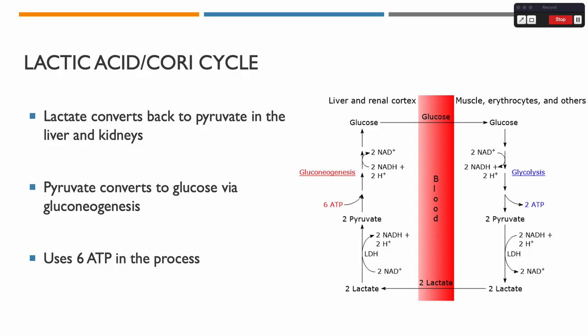That's really a negative result and not what the body prefers, but it is something we can do, like in long activities. The body's more likely to do this, or if we're in a food deprived state, so we're kind of in starvation, the body will do this more readily just to make sure we have enough glucose for the brain and other life essential functions to continue to operate.